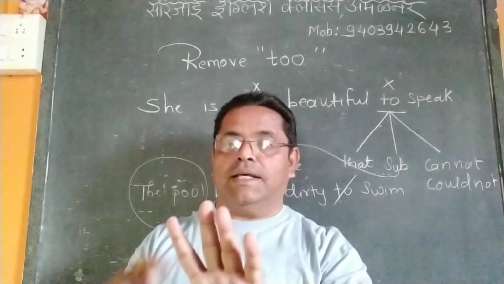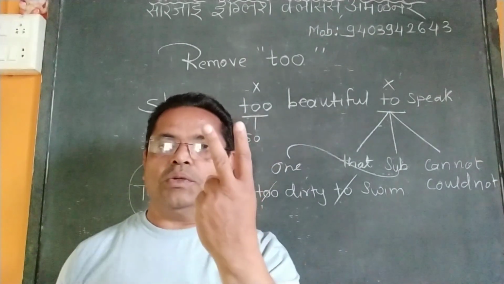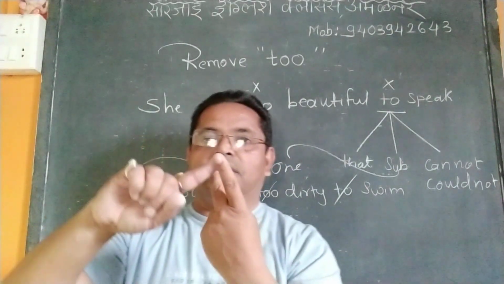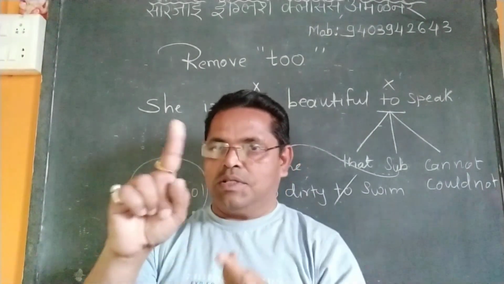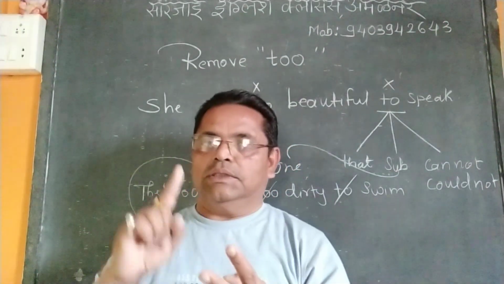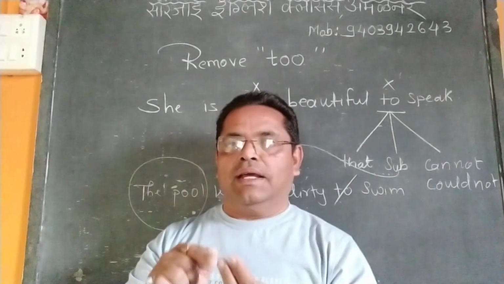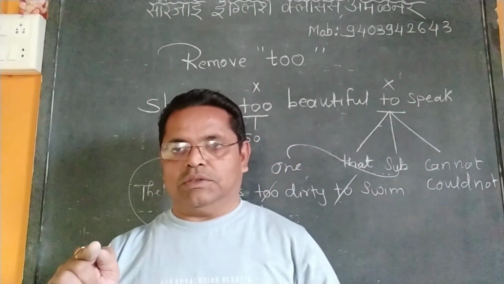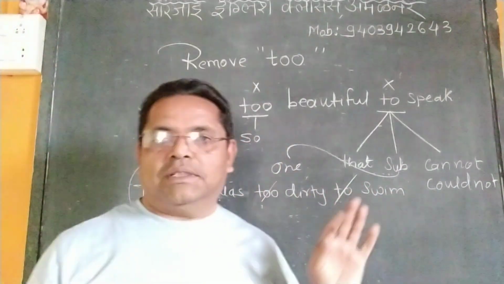In this sentence there are three "to". But remember, the first "to" is very important. In the first "too" use "so", in the second "to" use "that", after that take the subject and then "cannot" or "could not". Now do you understand this? Yes, this is the topic.